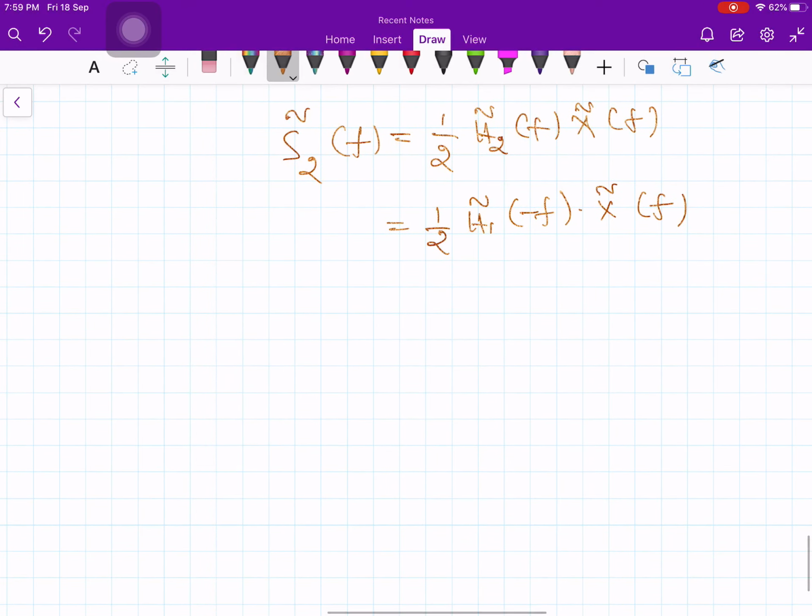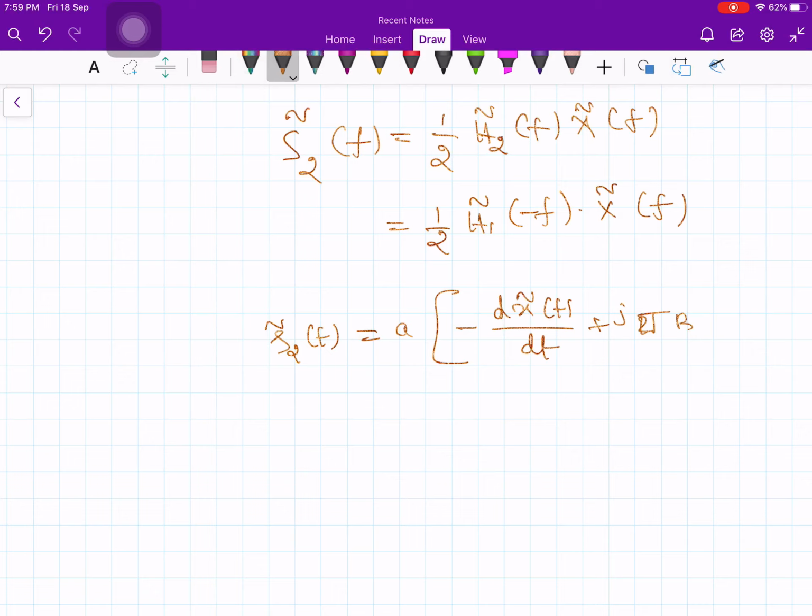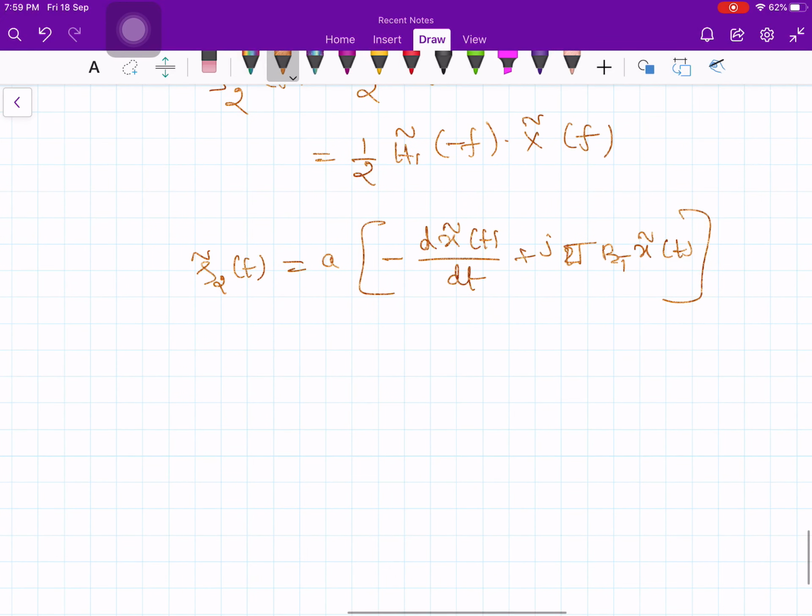So we know h1 tilde of minus f, you substitute everything, finally you take inverse Fourier transform, then you will get, I am writing the final answer. Okay, so same process, s2 tilde of t is equal to minus a times derivative of x tilde of t by dt plus j times pi times b suffix t x tilde of t. Okay, this will remain with the positive sign and this will become negative sign.